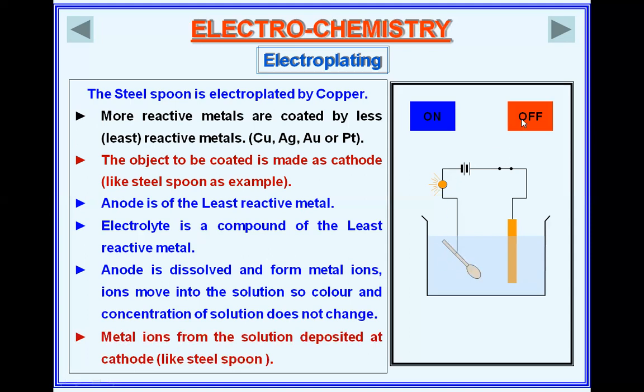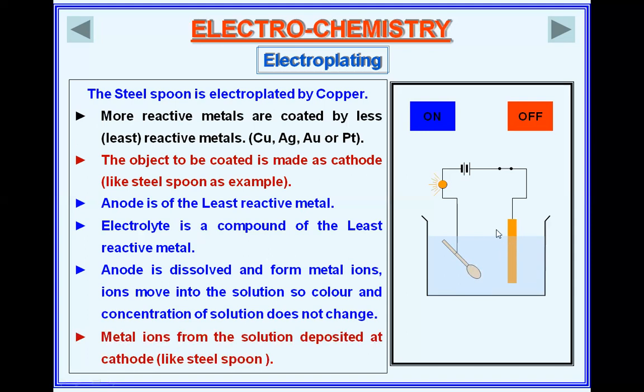So now you see it again. What happened? When electric current is passed and the circuit is on, this steel spoon is electroplated by copper ions. The appearance before the reaction looks like steel, silver.